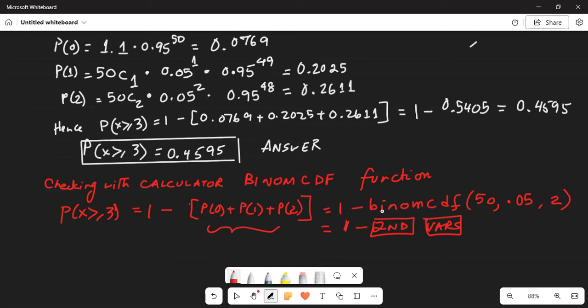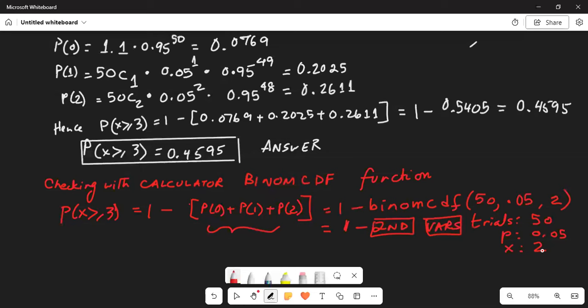It asks me for the number of trials. I will enter 50, and then it asks me for the probability of success, which is 0.05. My x value is the last number in from 0 to 2, so I type in 2.